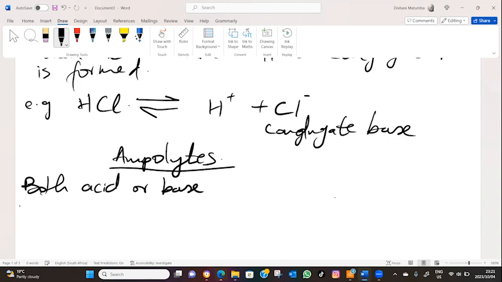Now, what are those? Your typical example will be HSO4 minus.